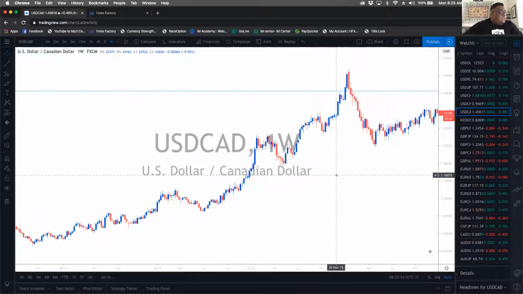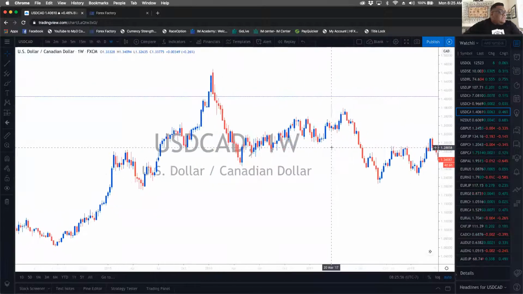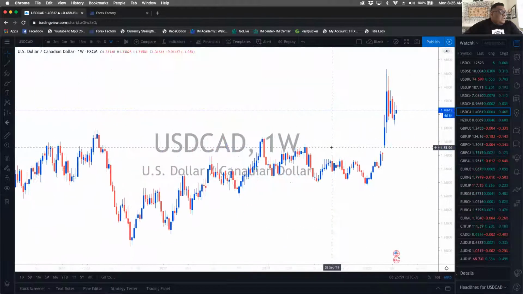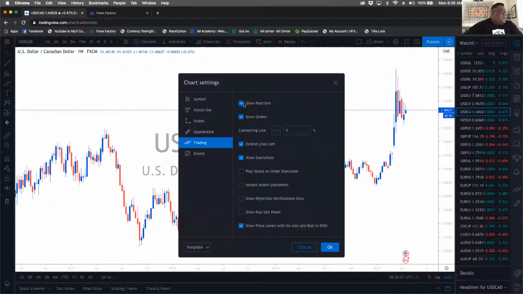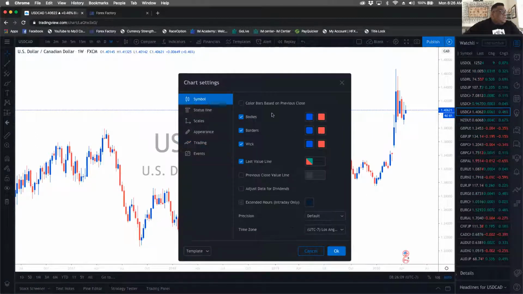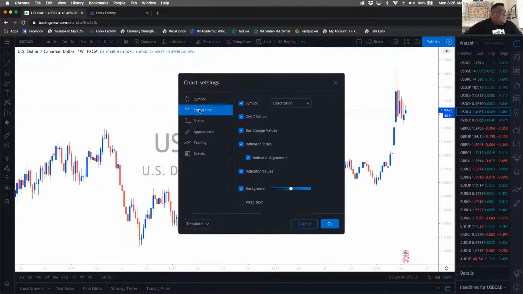This is typically how you're gonna see your charts, right? You're gonna see it like this. You're gonna see I've already modified mine. You can modify yours here through your settings and configure it the way that you would like, have it show the positions. What do you want your symbols to look like? Do you want the value? You can modify this to your colors. You can change your background.